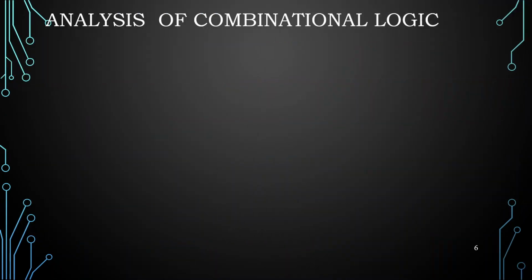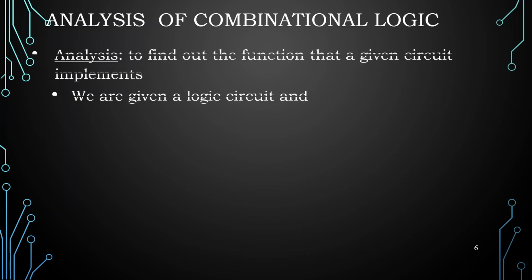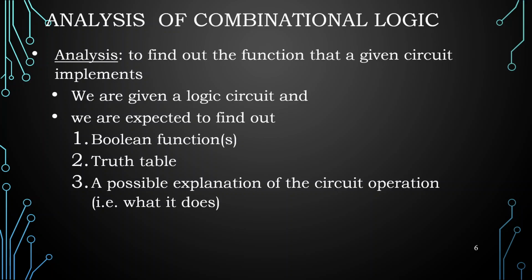What we do next is look at analysis of a combinational circuit. So what is analysis? We know the inputs to the circuit, and we know the circuit. Applying inputs to the circuit and finding the output is known as analysis of a combinational circuit. Analysis is to find out the function that the given circuit implements.